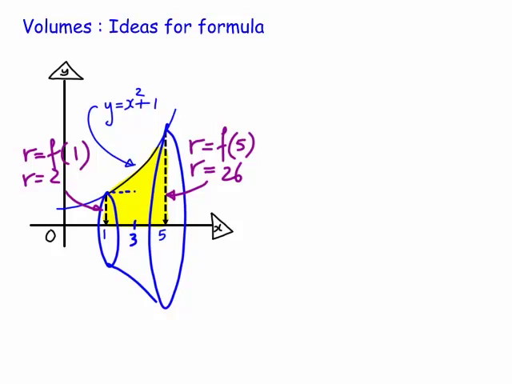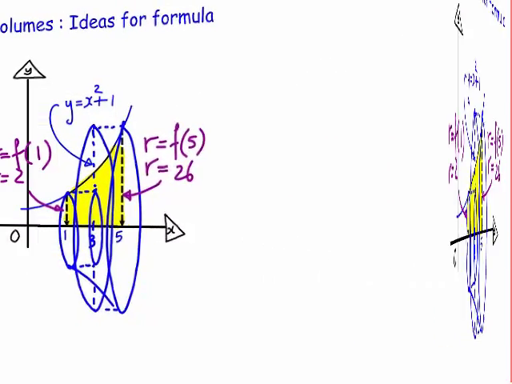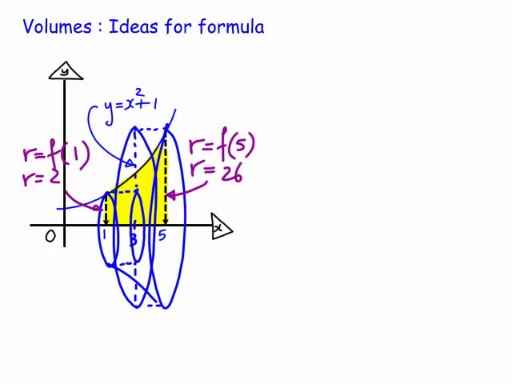We draw a cylinder here, going back from 5 to this point, and we create a bigger cylinder here. That would be a very rough estimate, adding these two cylinders' volumes together. The width of these is going to be 2 in both cases.